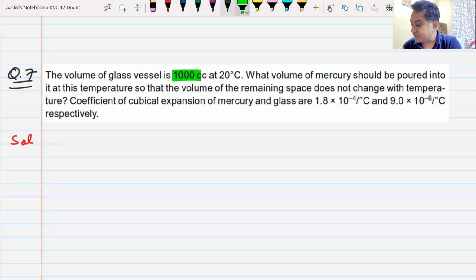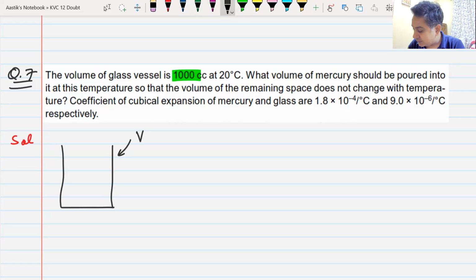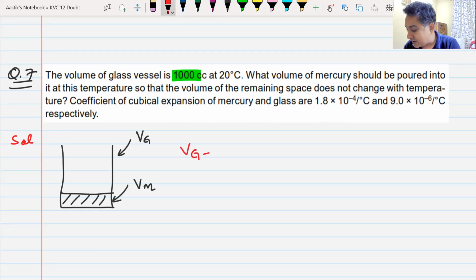If I draw a very simple diagram, this is the original volume, 1,000 cc, the volume of the container, or I can call it volume of the glass, Vg. Let us say the initial volume of liquid mercury that I fill is Vm. Now the volume of the remaining space, my dear friend, is Vg minus Vm. Yes or no?